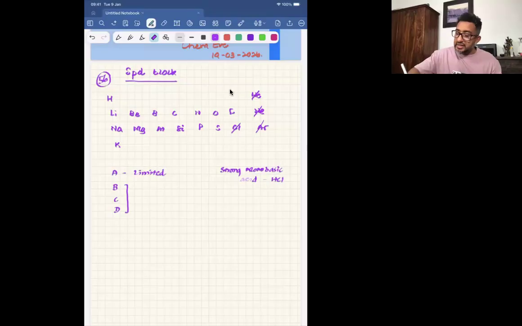So definitely HCl. A compound with a covalent network structure. Right, okay. So maybe silicon, we'll see.